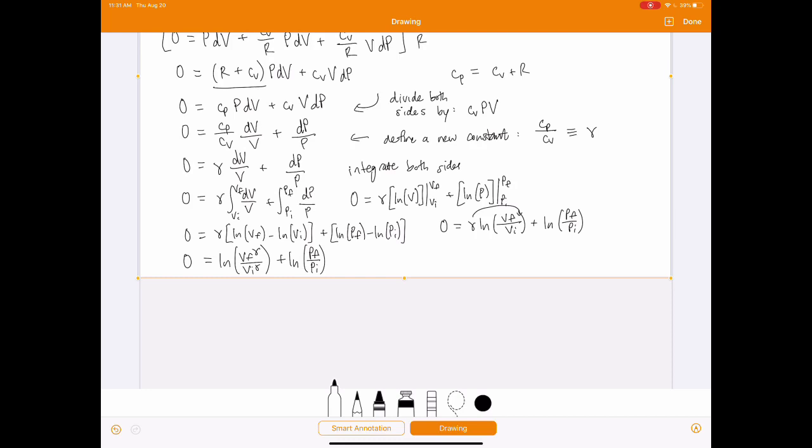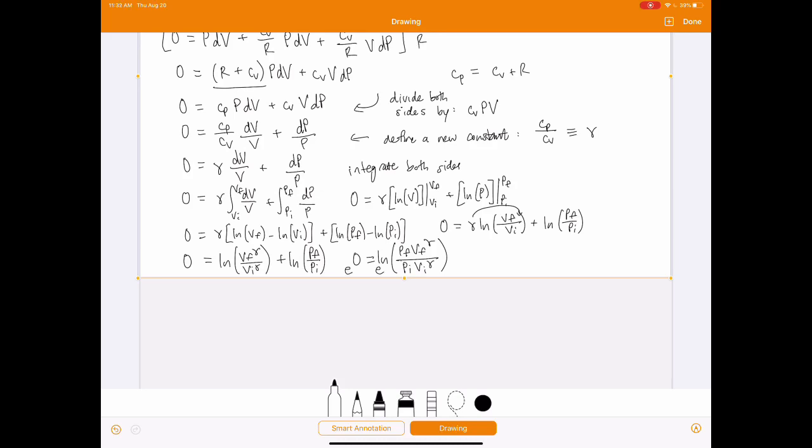Lastly, we can now combine these two natural logs because we're adding them together. The way that works is we have 0 equals natural log, and now I have to multiply those two if we're bringing them inside the same natural log. So I have P final, V final to the gamma over P initial, V initial to the gamma power. Okay, we're almost there. The next thing I want to do is get rid of that natural log by exponentiating both sides.